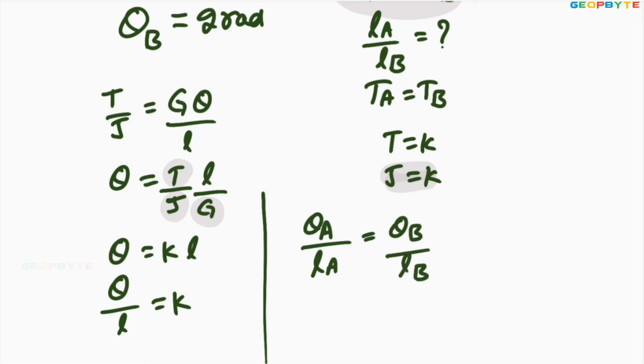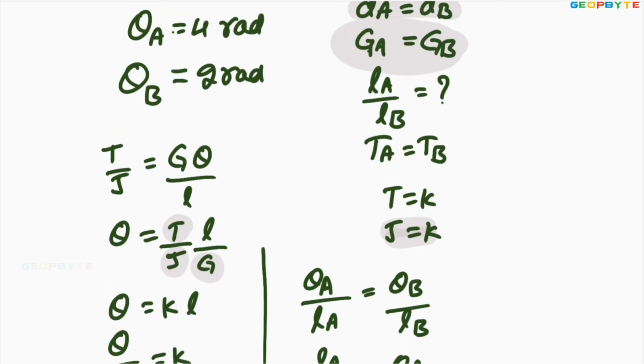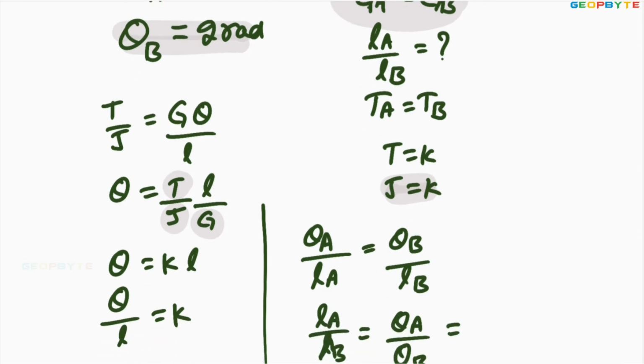From this, you are asked to find LA by LB. Cross multiplying, LA by LB equal to theta A by theta B. Theta A is given as 4 radians, theta B is 2 radians. It is equal to 4 divided by 2, which is 2. Answer is 2. The length ratio between the two shafts is 2.